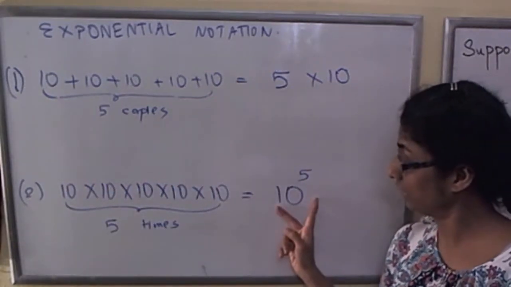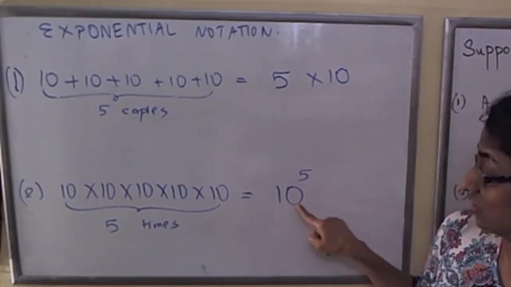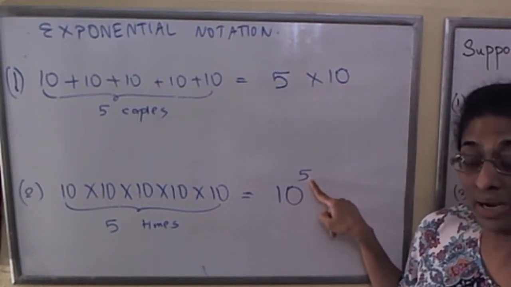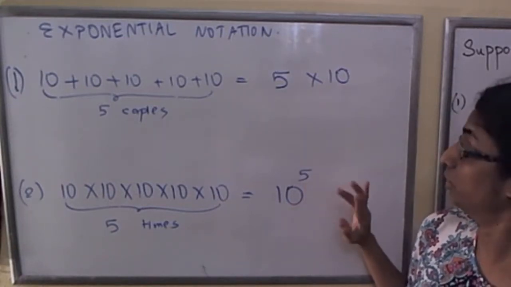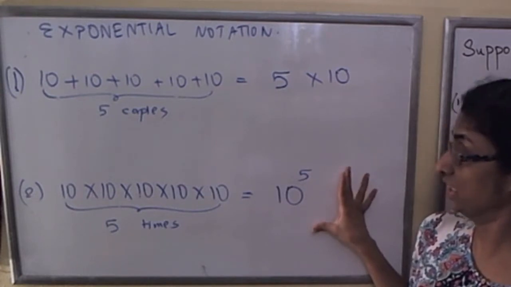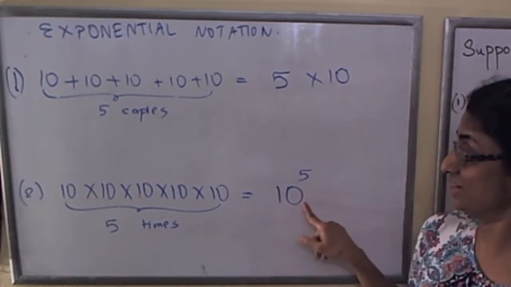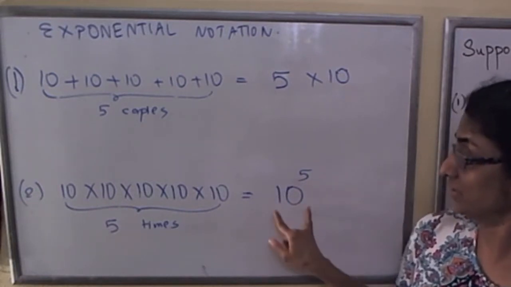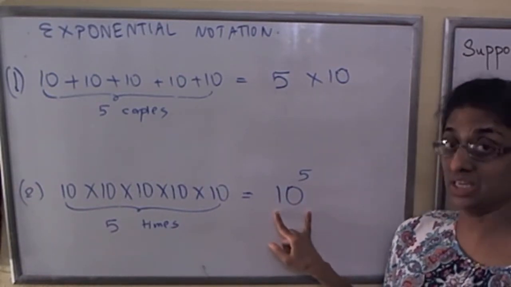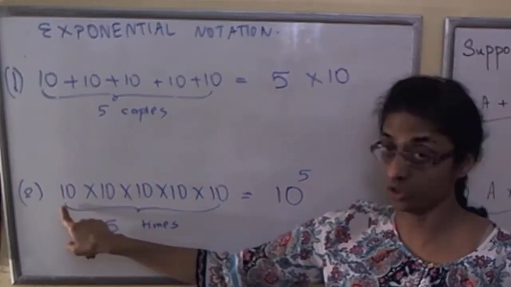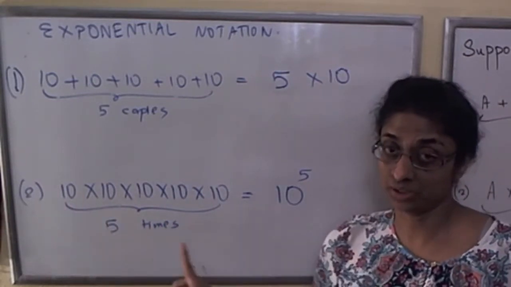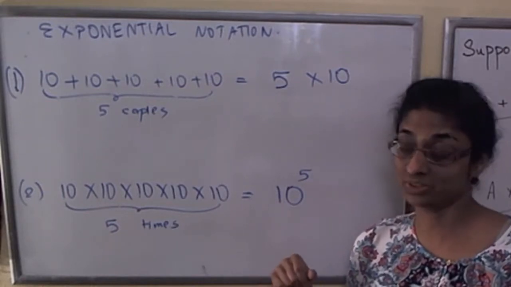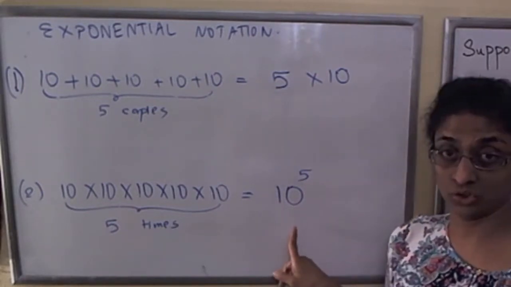It is read as 10 to the 5, or 10 raised to the power of 5, or it's okay to simply say 10 to the 5, and when we say 10 to the 5, that is simply an abbreviation for this long expression. So keep that in mind as we look at more examples and applications of this exponential notation.